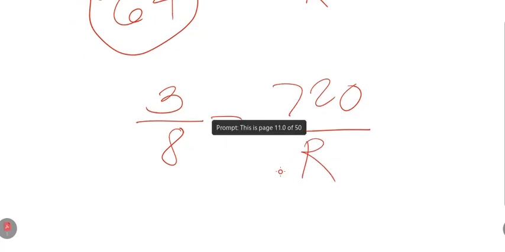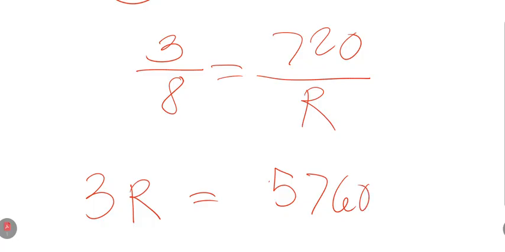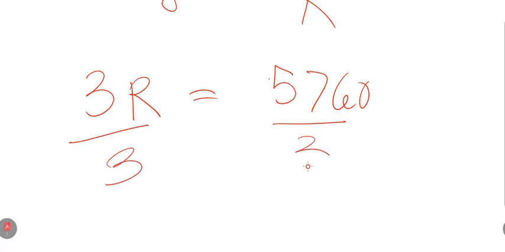Now, let's try to cross multiply. So we have 3r is equal to 8 times 720, which is 5,760. Now, finding out the value of r, we divide both sides by 3.